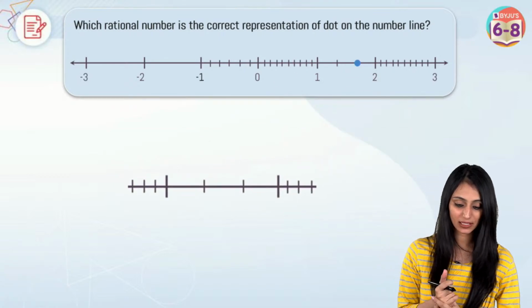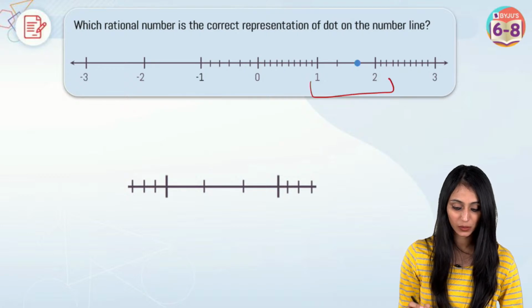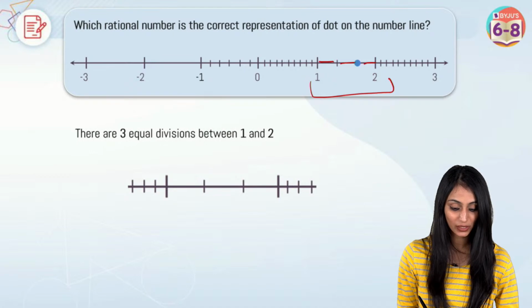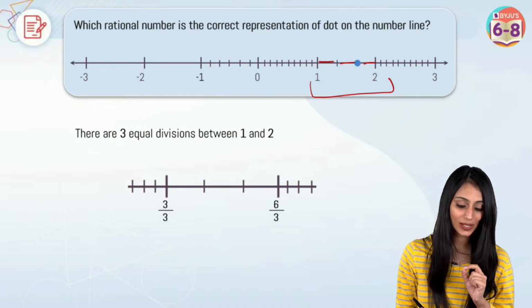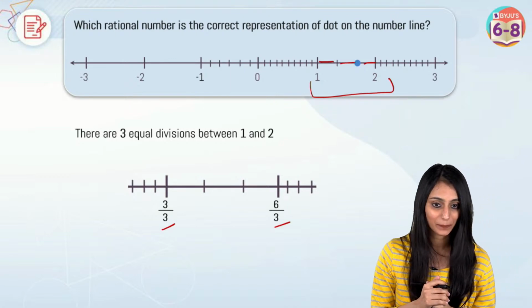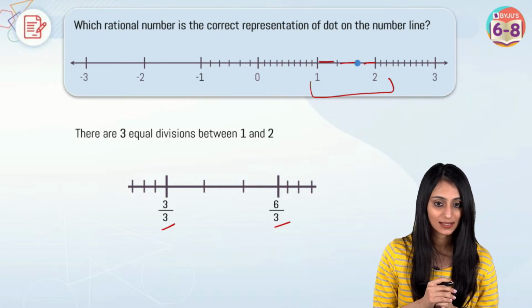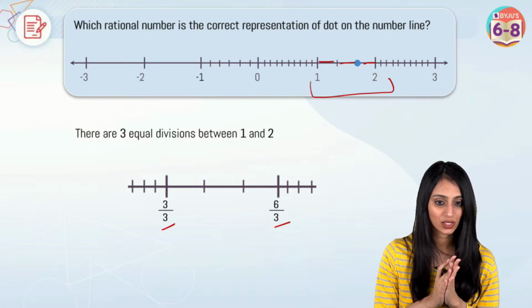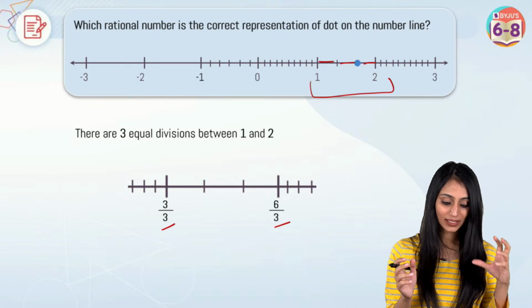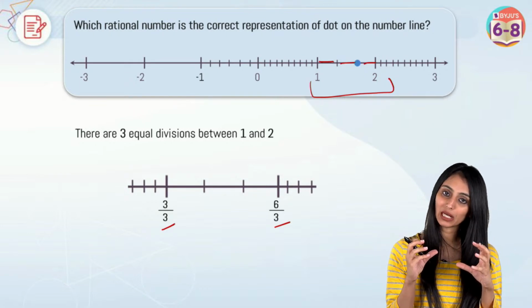Quickly let's take a look at the solution. So we are talking about this part, you can see, between 1 and 2, and we can see 3 equal divisions over here, between 1 and 2. So what I can do is I can write this 1 as 3 by 3, this 2 as 6 by 3. Yes, Manan, now I can see your message. So 1 could be written as 3 by 3, 2 could be written as 6 by 3.